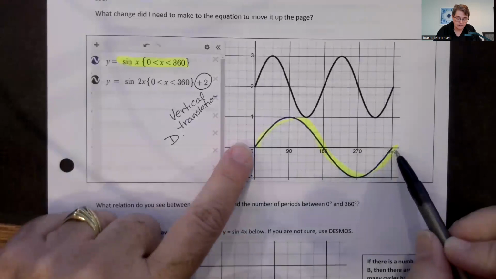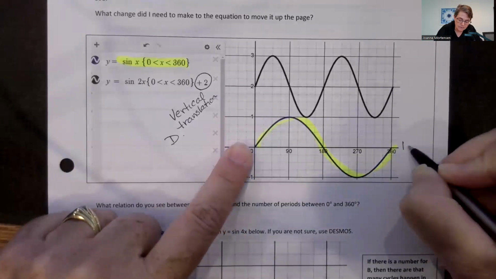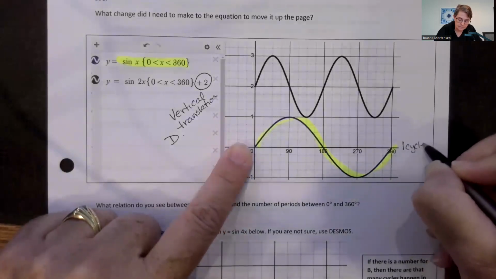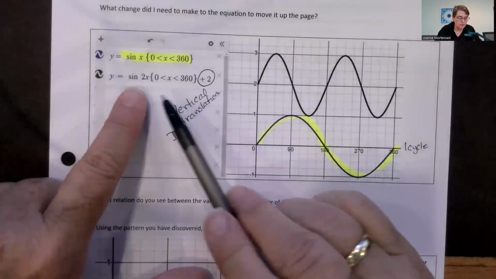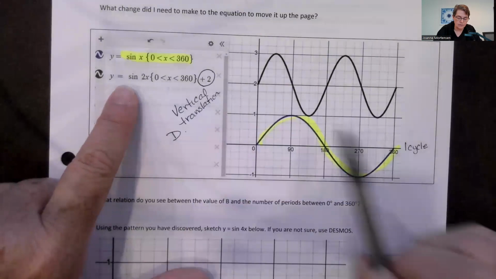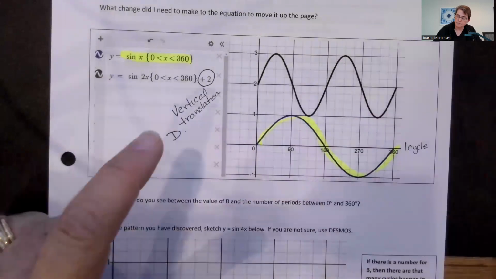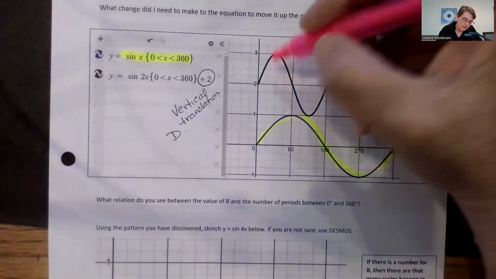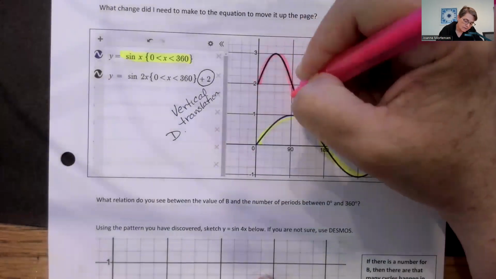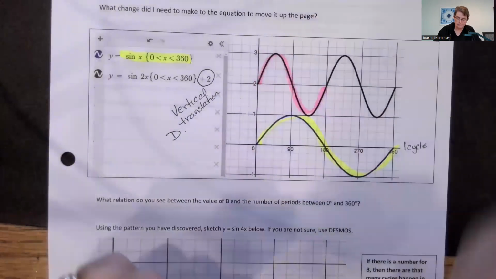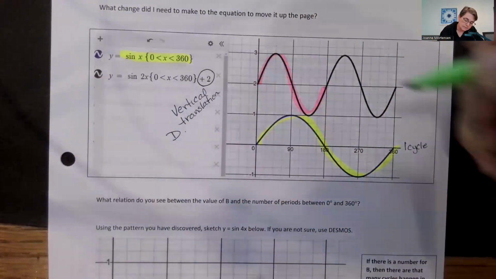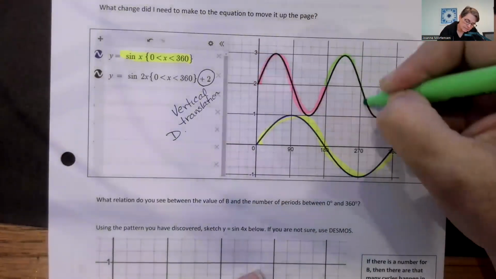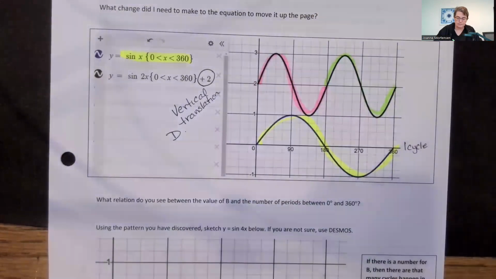So between 0 and 360, 1 cycle. And this one is between 0 and 360. We've got one cycle, and we've got a second cycle. 2 cycles.